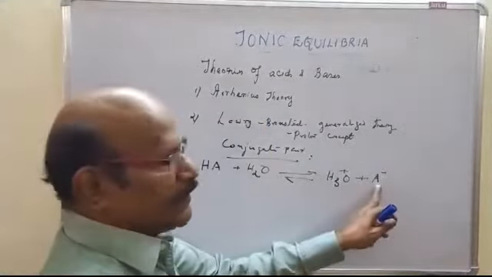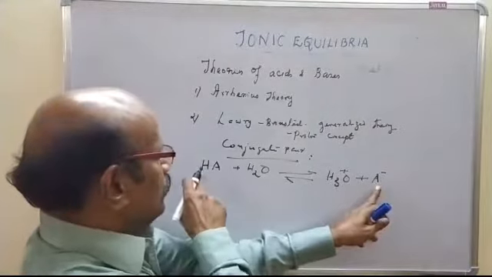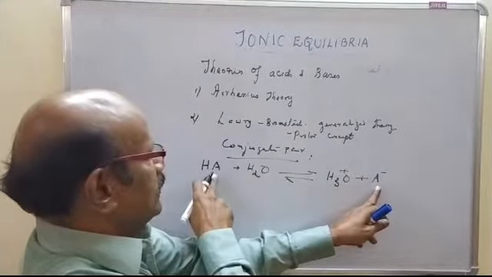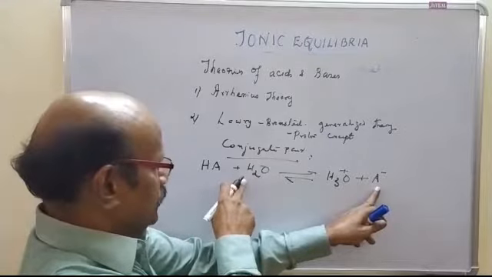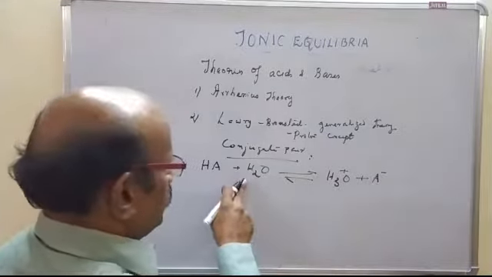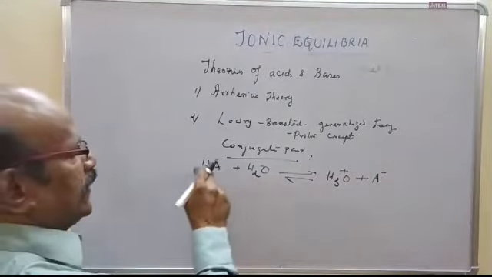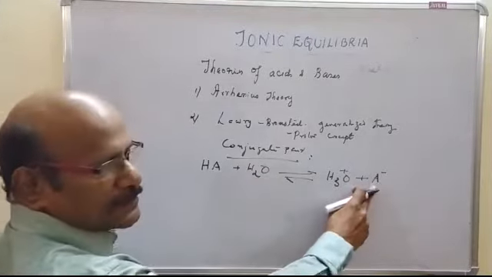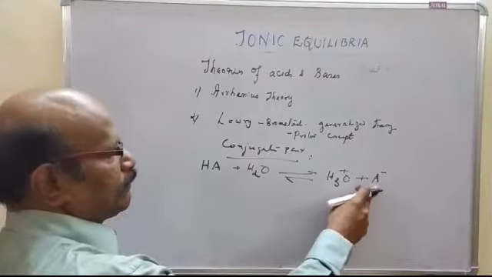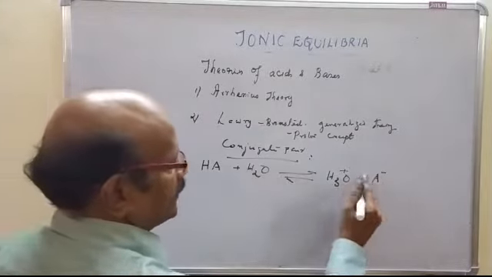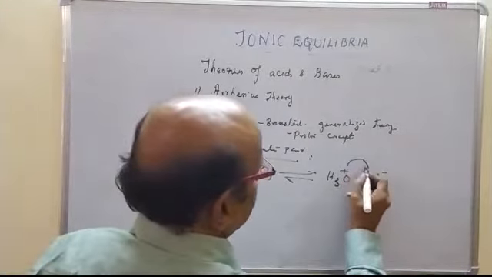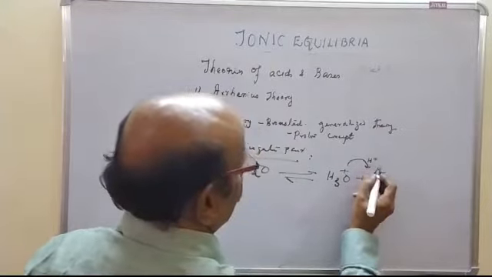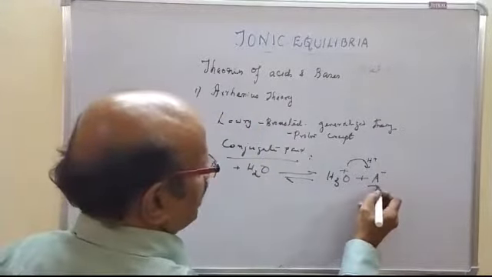So when an acid gives a proton to the base to act as an acid, the residual part is an anion. This anion can accept the proton back, and thus it acts as a base.